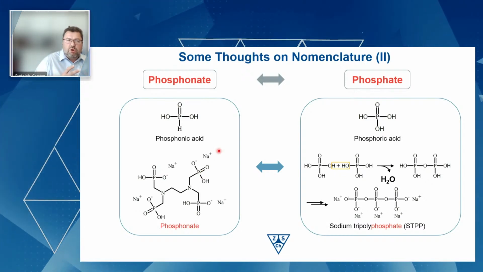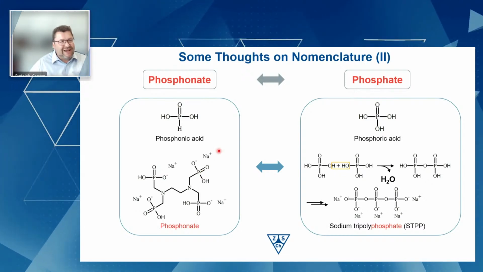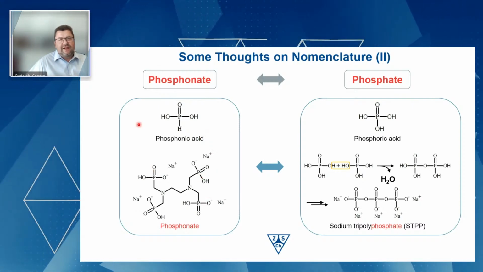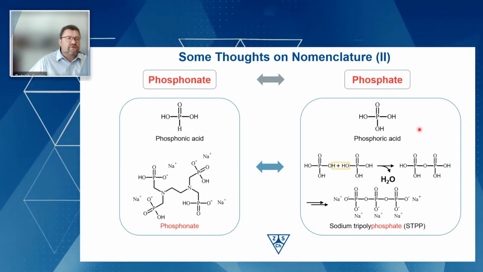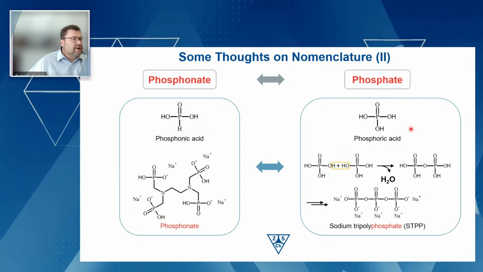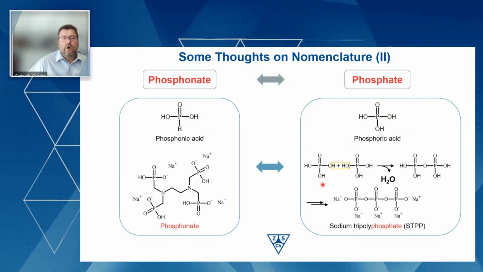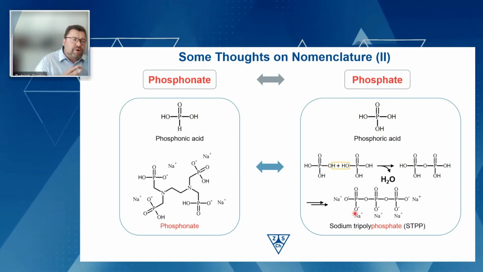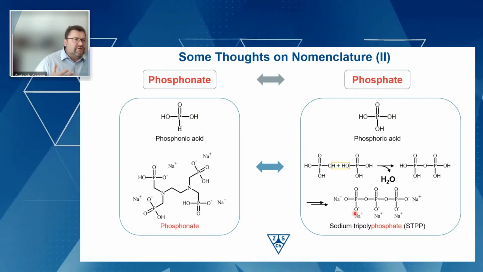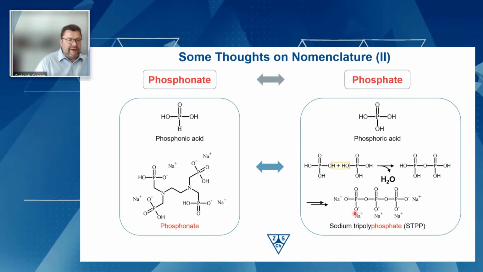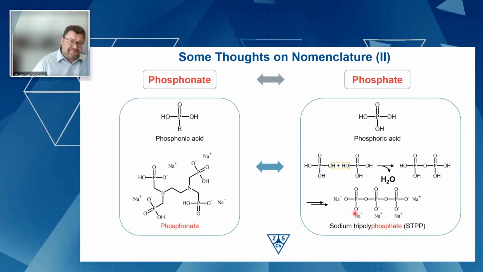If we want to compare the phosphorus-based chemistry, we can compare the phosphonates itself with the phosphates. So phosphates, the most simple form, phosphoric acid, which is quite well known. By condensing this, one comes to the pyrophosphate, and further condensing to the polyphosphates. And in fact, these polyphosphates were the first material to treat scaling, to inhibit the formation of incrustations.